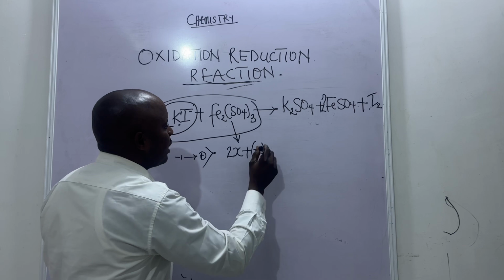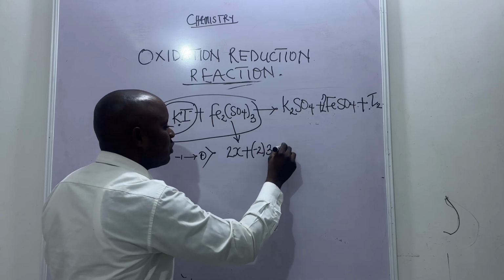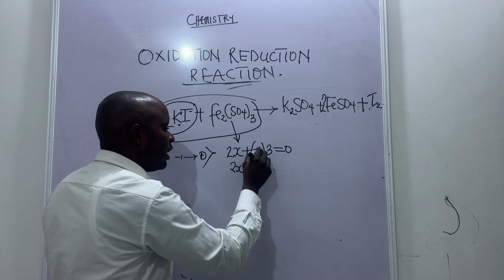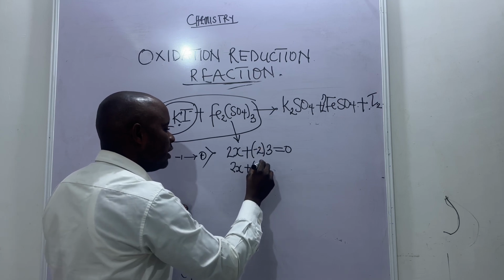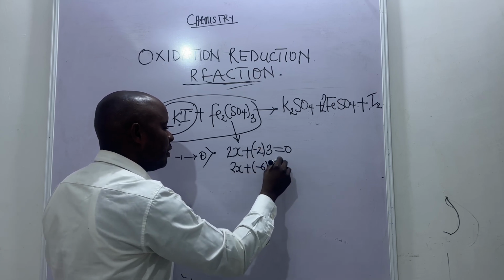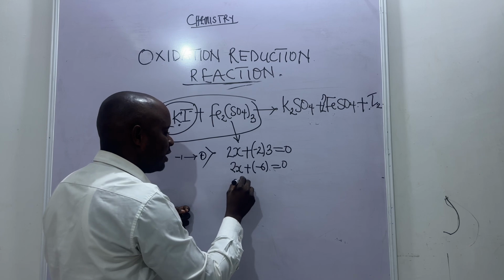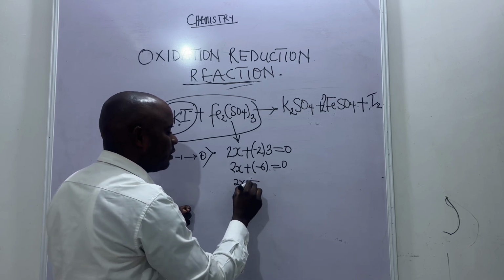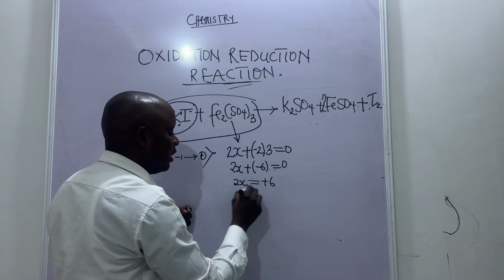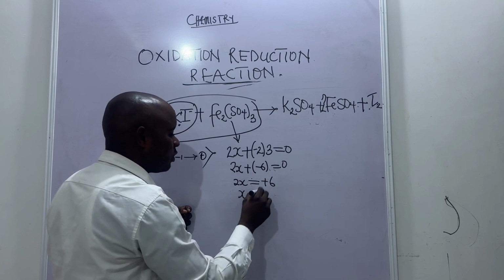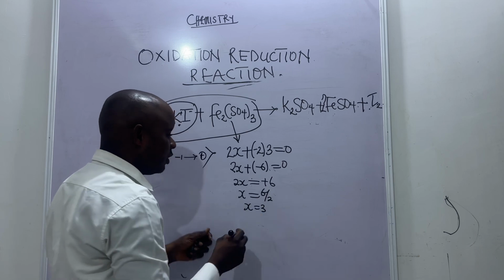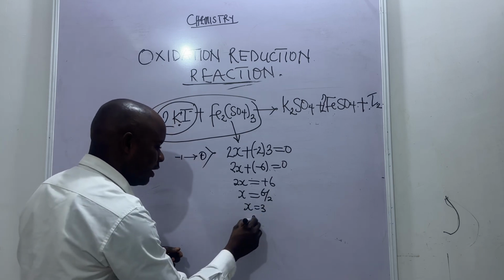It occurred how many times? 3 times, equated to 0. We said 2S plus -2 times 3, which is -6, equals 0. So 2S equals plus 6. S equals 6 divided by 2. S equals 3. So the oxidation state of iron here is 3.